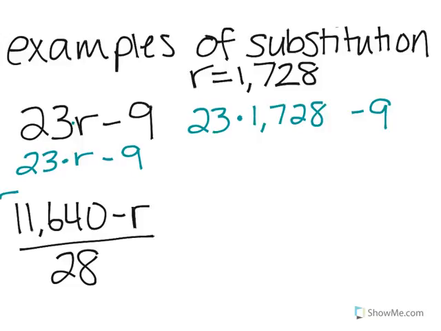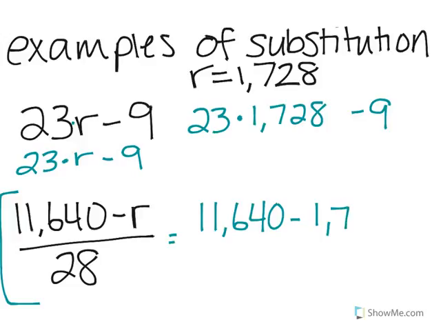This one here, 11,640 minus r divided by 28. That's going to be rewritten as 11,640 minus 1,728 divided by 28.